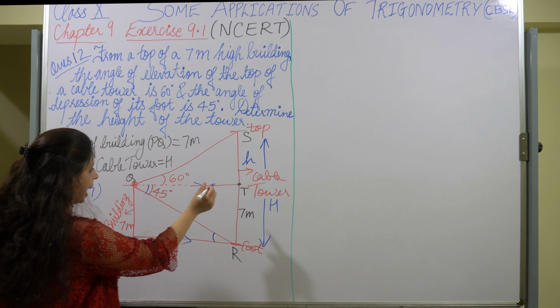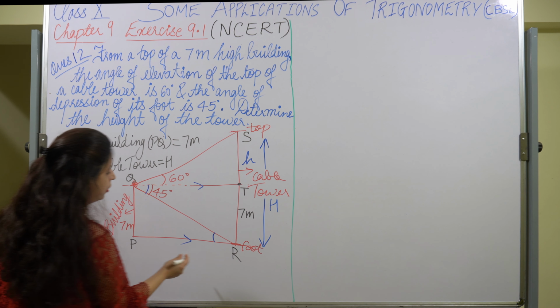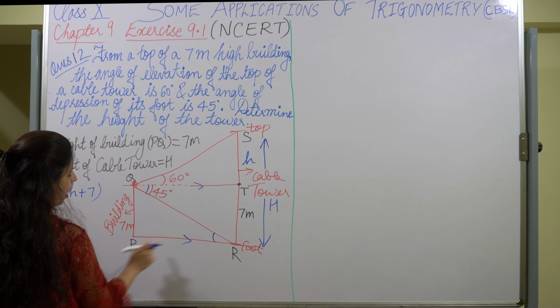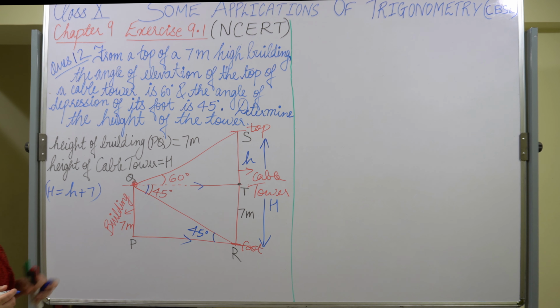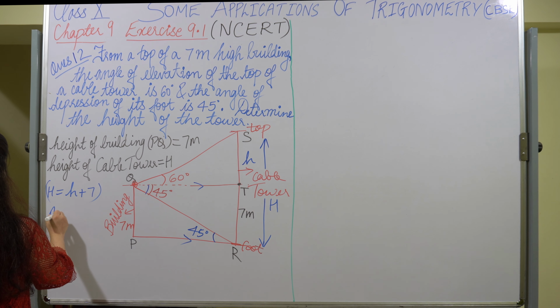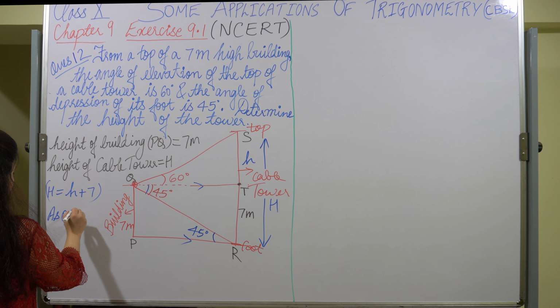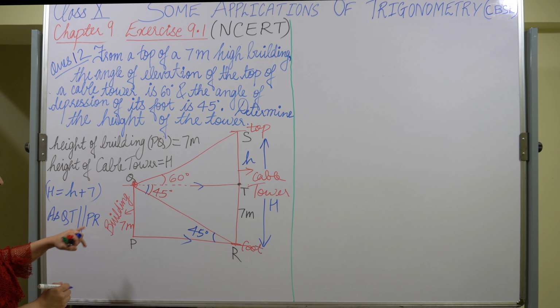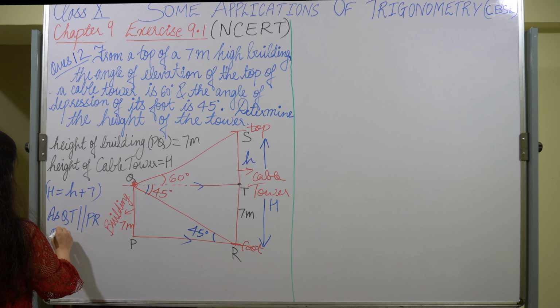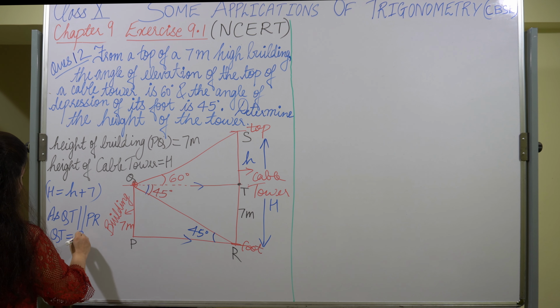That means angle TQR will be equal to angle QRP because they are forming alternate angles. So we can write over here, QT is parallel to PR. Also QT is equal to PR.